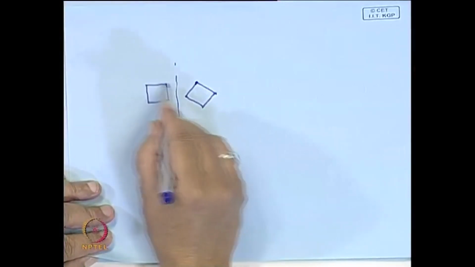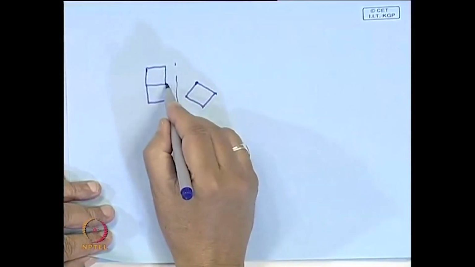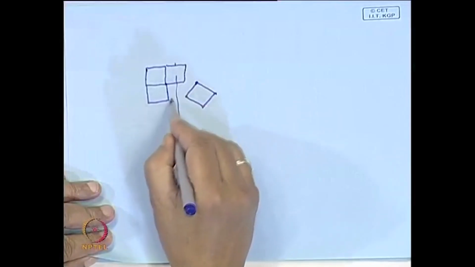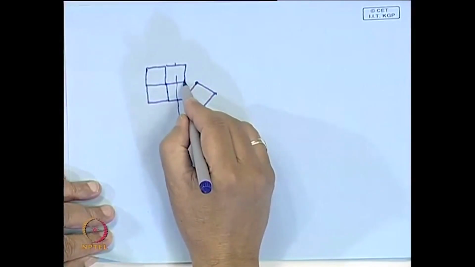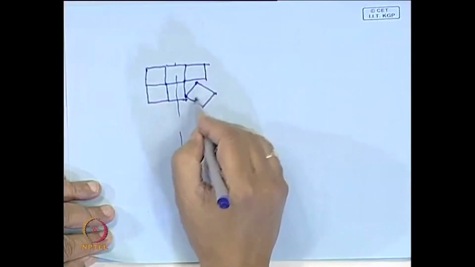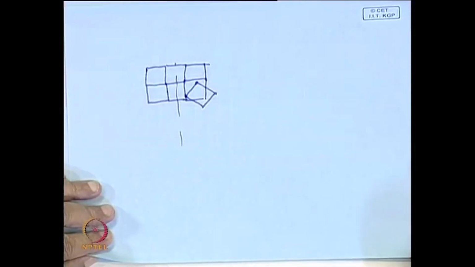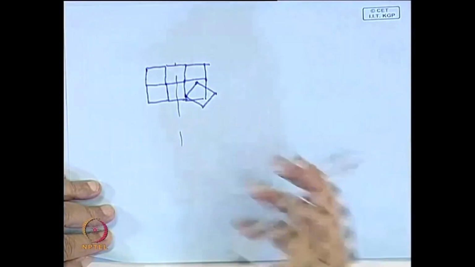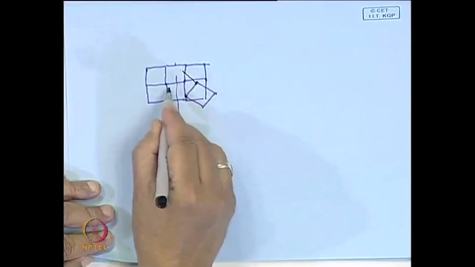If you extend this structure even beyond the boundary, this is a hypothetical construction. In the same way, you can also extend this one beyond the boundary.